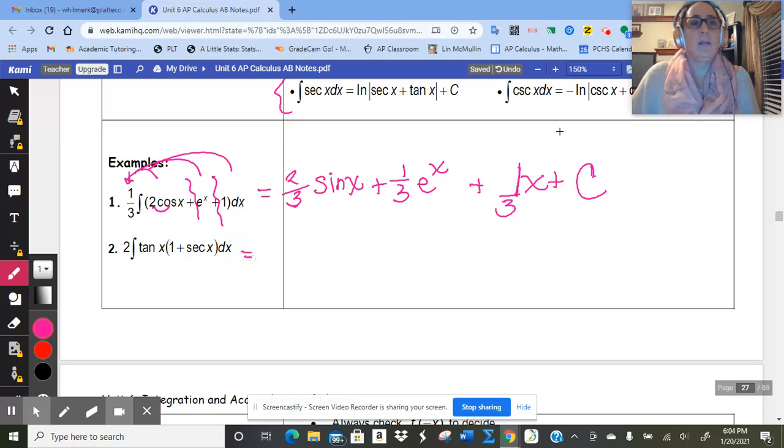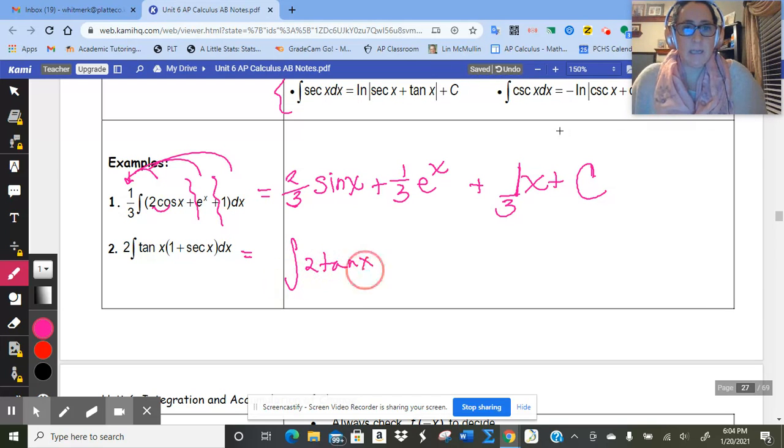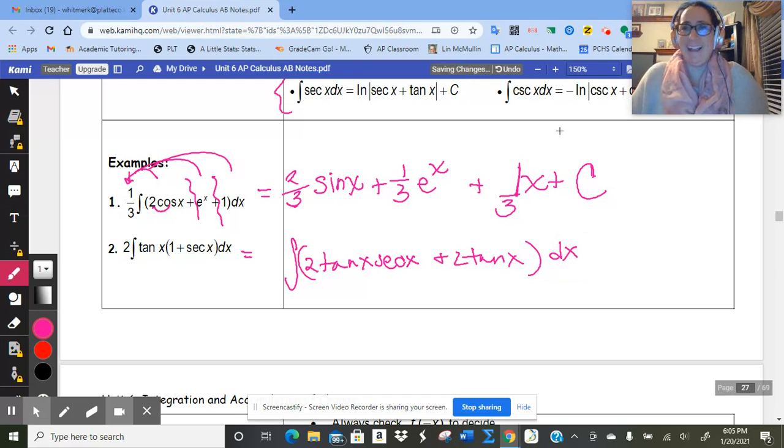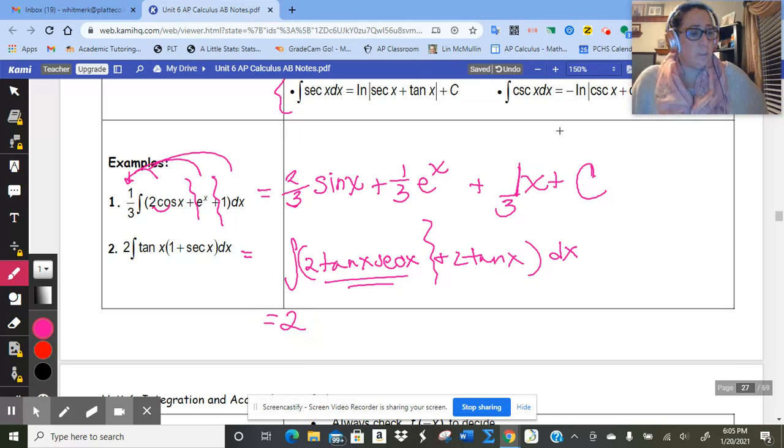Okay, unpause. On 2, I am definitely going to rewrite this. So this is going to be 2 tan x secant x plus 2 tan x dx. Don't ask me why I flip-flopped when I multiplied, but I did. So we're going to think of it as 2 different things. Oh, I know why, because I was like, oh, I know that really, really good. The derivative of what gives me secant tan? So the 2 went along for the ride, and the derivative of secant is secant tan.